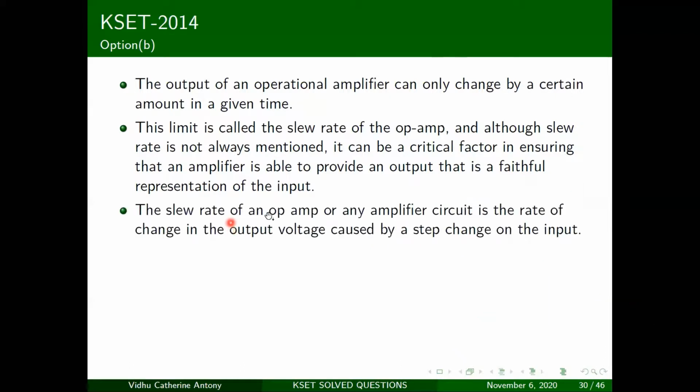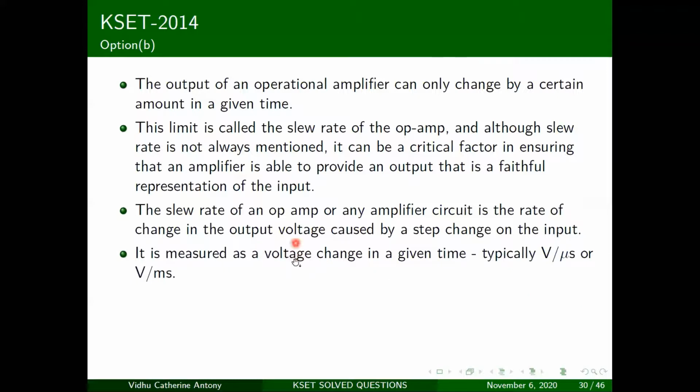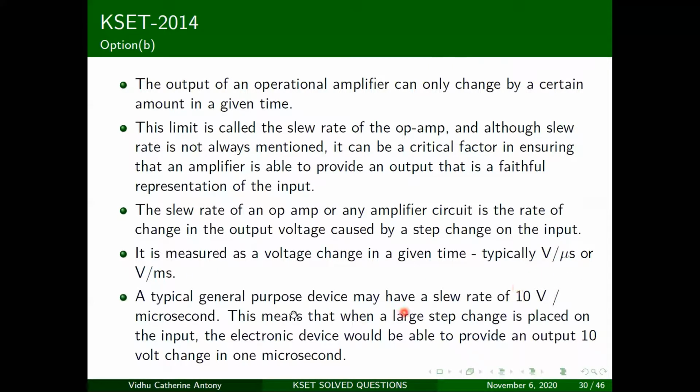Okay. So the slew rate of an op-amp or any amplifier circuit is the rate of change in the output voltage caused by a step change in the input. Now it is measured by voltage change in a given time. Okay. It's usually in volts per microsecond or in volts per millisecond. Now, a typical general purpose device might have a slew rate, this is the average slew rate that is there, of around 10 volts per microsecond.